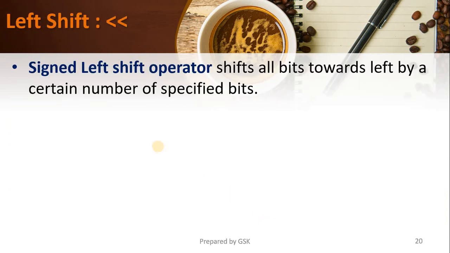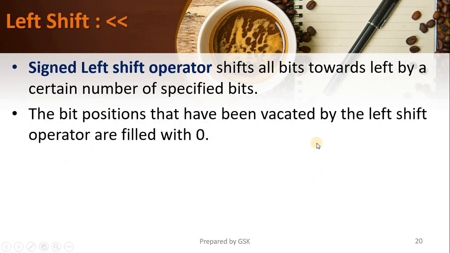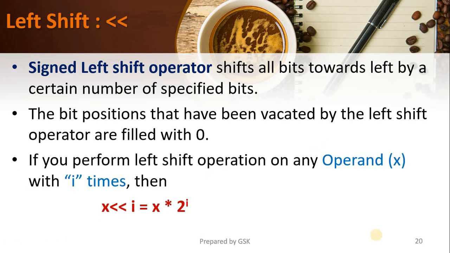Left shift operator, this is also called signed left shift operator. This is used to shift all bits towards the left by a certain number of specified bits. Simply it is used to move some number of bits to the left hand side. The bit positions that have been vacated by the left shift operator are filled with 0. See this formula.